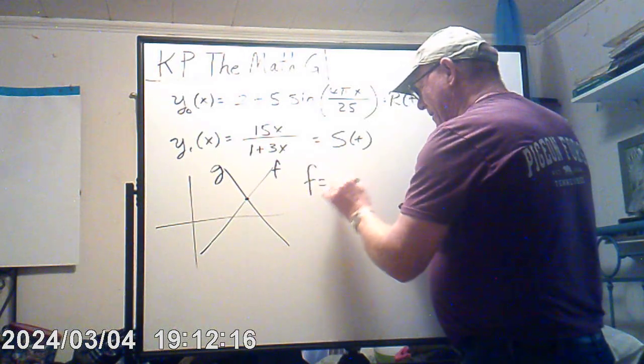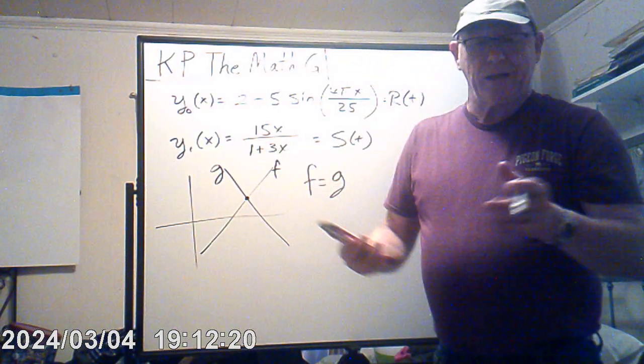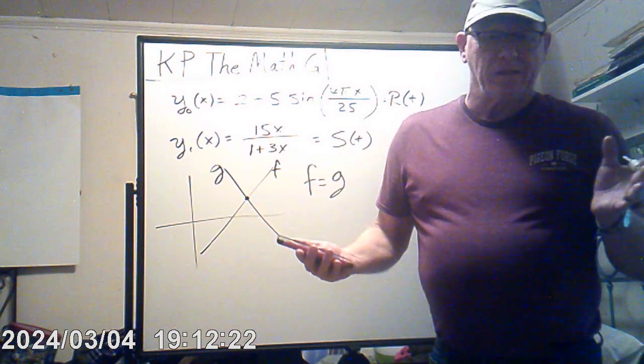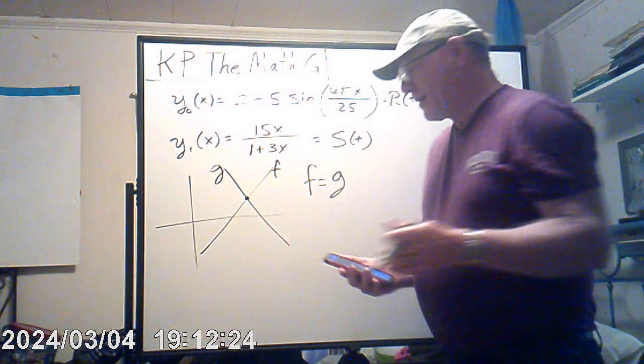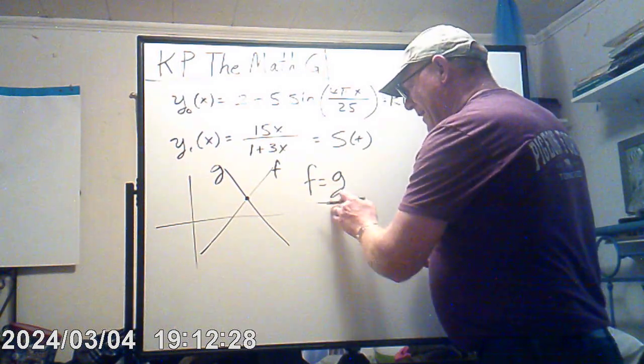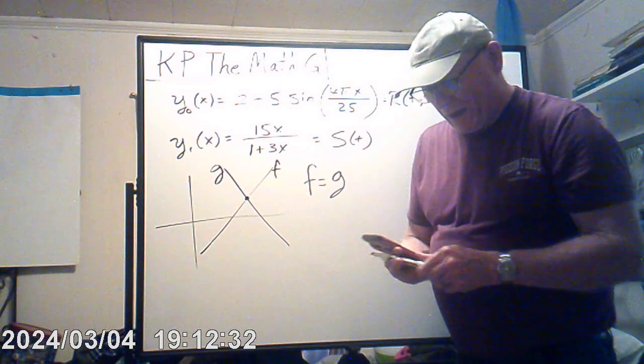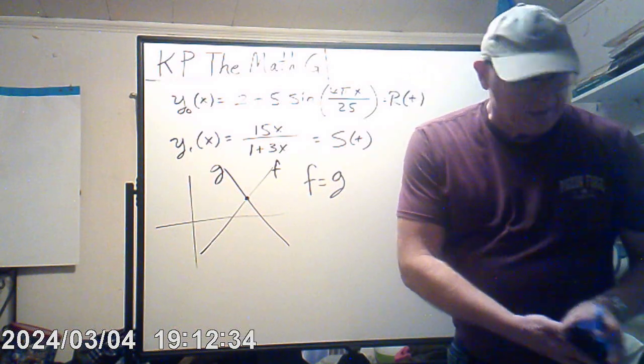So if F is equal to G, then we want to find where do they intersect. That's what you're really looking for. Okay? And so that's exactly what that means. You're looking for a point of intersection.